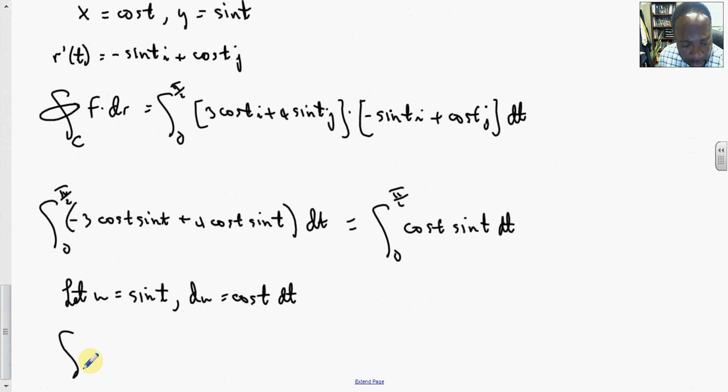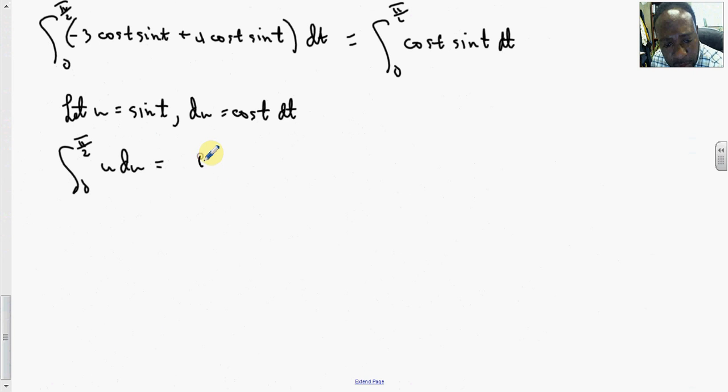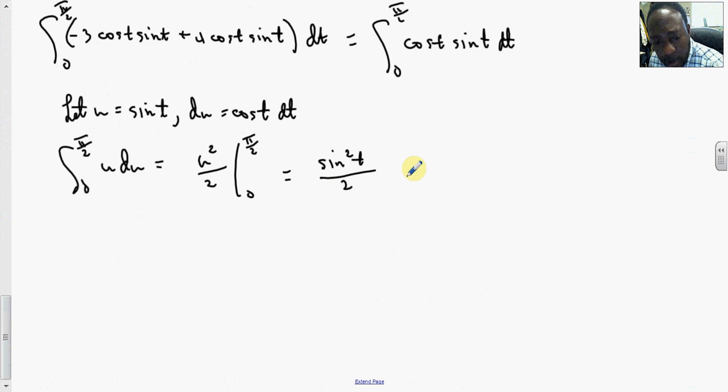So here we have the integral from 0 to pi over 2. This is just u du. So that gives us u squared over 2 evaluated from 0 to pi over 2. But u is sine t, so sine squared t all over 2 evaluated from 0 to pi over 2.